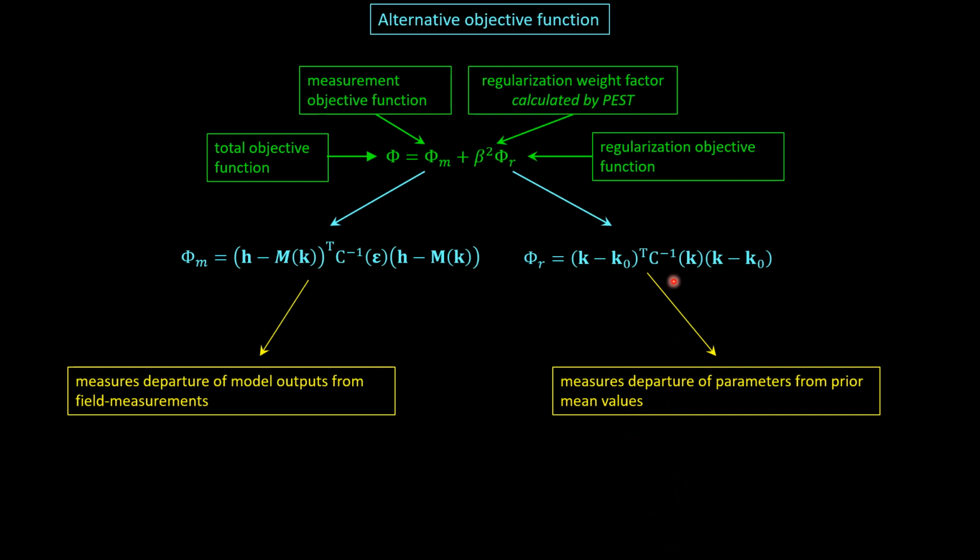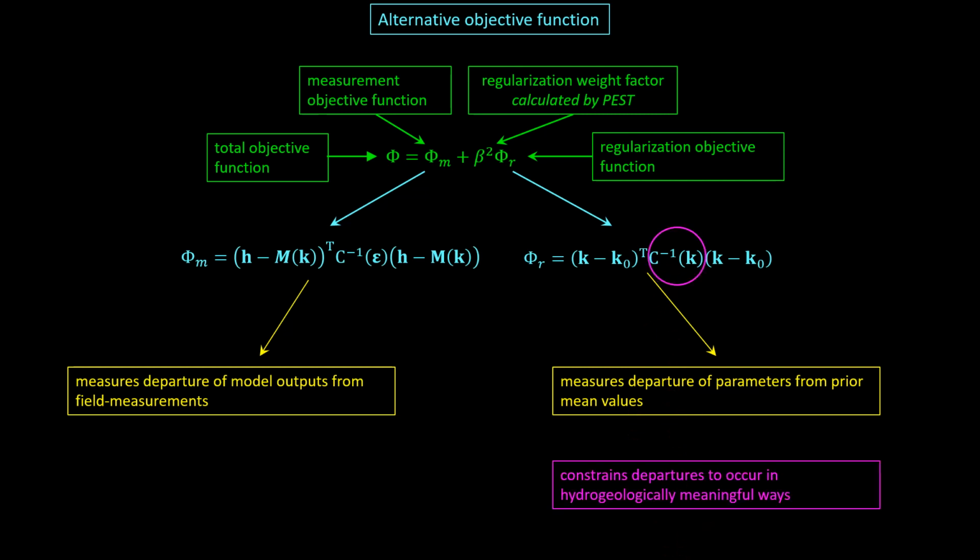And by putting this at the center of the regularization objective function, we're asking PEST, should perturbations from the prior need to arise to give us a good fit with the data, that is, to lower the measurement objective function, let the patterns of heterogeneity conform as much as possible with what we'd expect based on hydrogeological knowledge of a site, as encapsulated in the prior probability distribution as expressed by the prior covariance matrix.